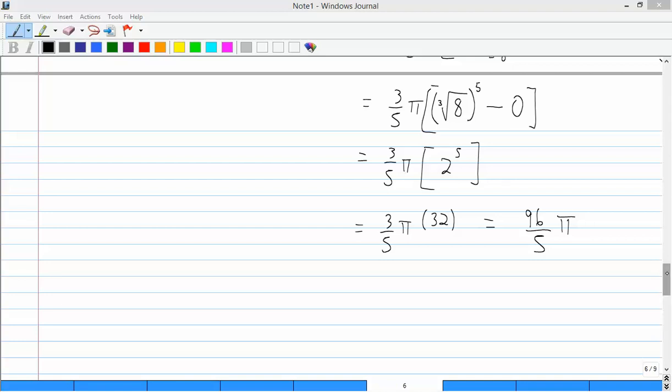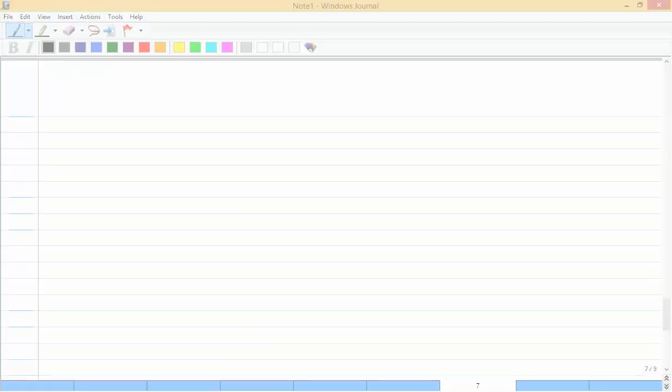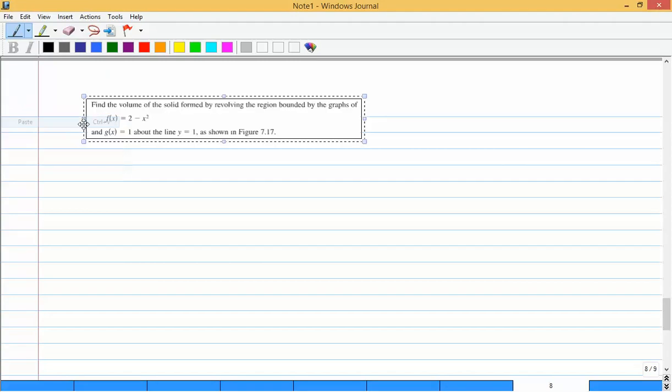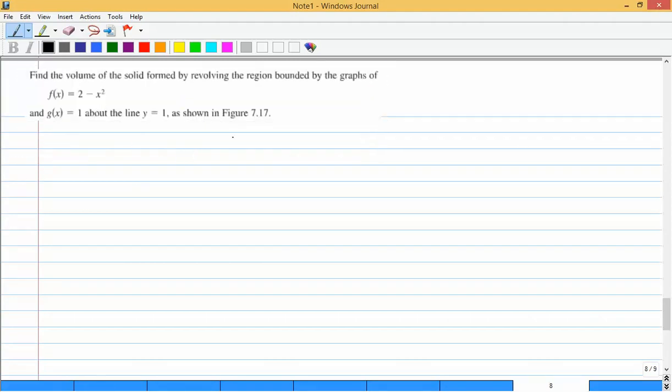Okay, so let's look at this problem. This is out of your ebook, page 448.